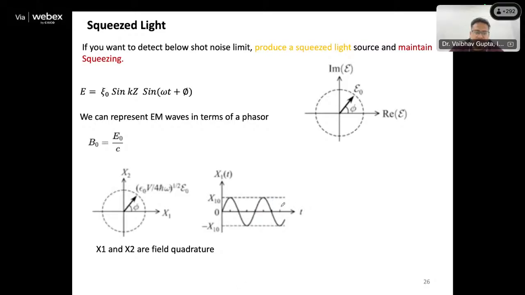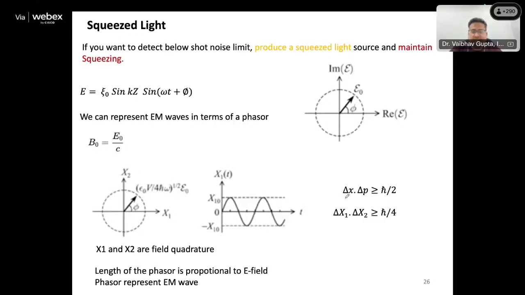So the same wave which is shown like this can also be represented here, right? And as I told you in the beginning itself, the values which go in x and y with a 90-degree phase are called quadratures. So here x1 and x2 are quadrature components. If you can find x1 and x2, we'll say we can calculate the quadrature.